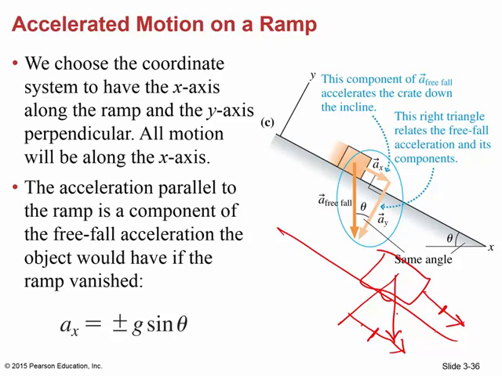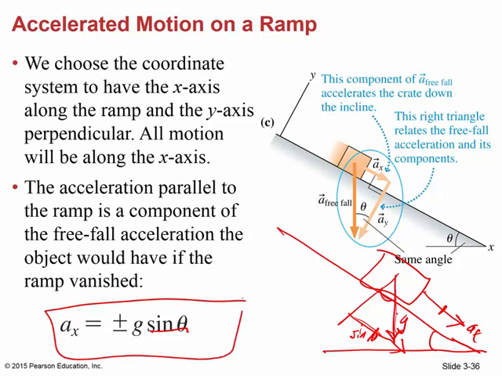Because this angle and this angle, geometry tells us they are the same. So I want to find this. That is opposite, which is sine theta, times the hypotenuse, which is g. Here's g, this is sine theta. g sine theta will give me the acceleration in the x direction.